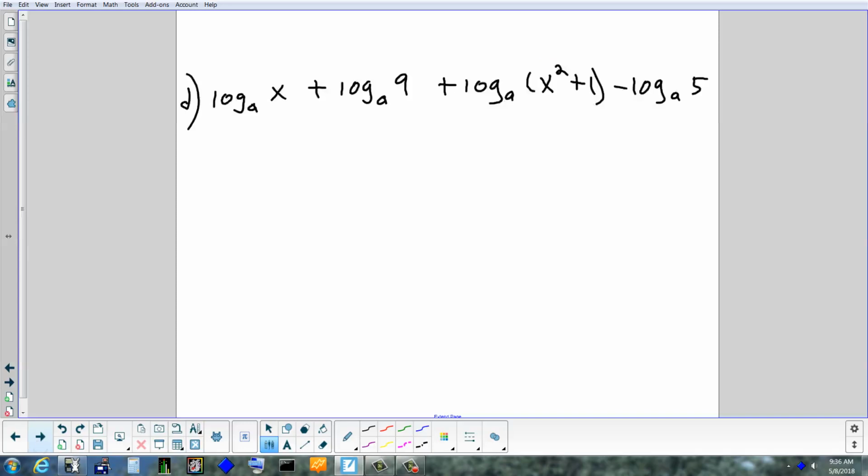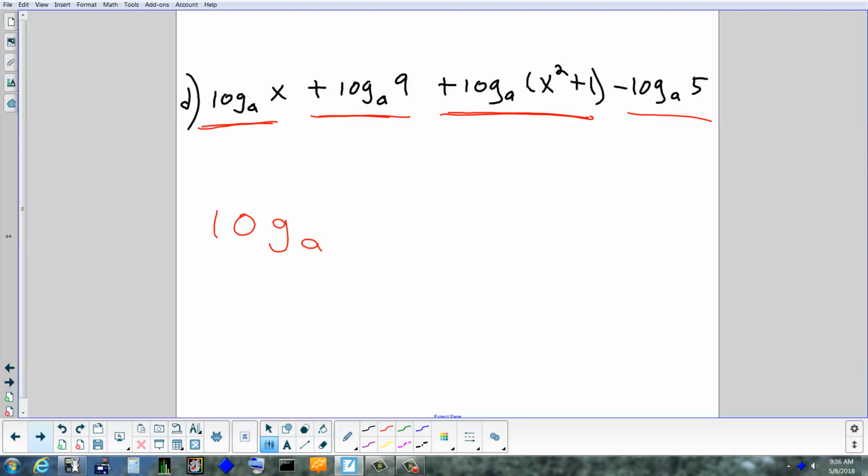All right, so let's look at this one. So we got 4 things. 1, 2, 3, 4. When I recombine that into a single log, Carissa, what's going to be my base? A. So it's going to be log base A. Now look at the first 3. Something plus something plus something.